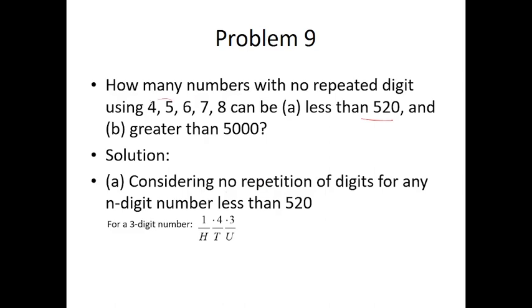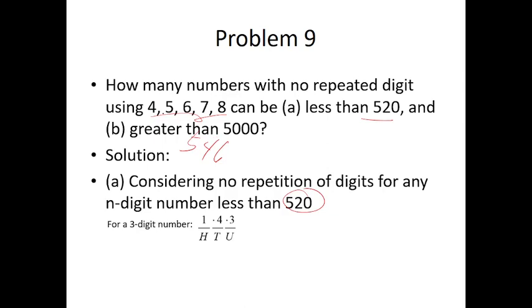For 5, 6, 7, 8, less than 520. Ano yung 3-digit number na pinakamababa dito na nagumpisa sa 5?